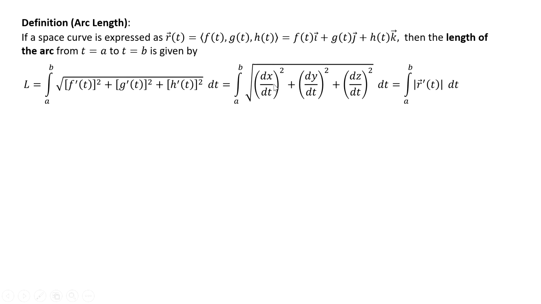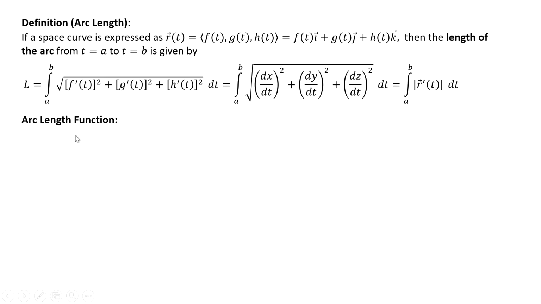Magnitude of a vector is what? Square root of the x component squared plus y component squared plus z component squared. That's exactly what we have done. And so this is nothing but the integral of the magnitude of the r prime vector. That's how you find the arc length from t equals a to t equals b.